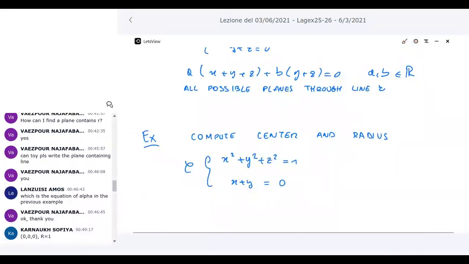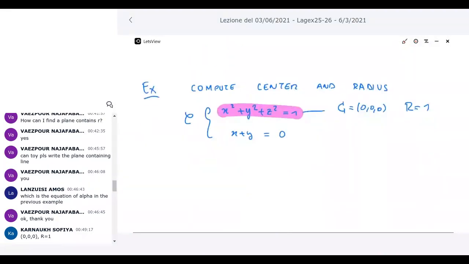Okay, so Sophia suggested that it is the origin and the radius is 1. I think there is no problem to see that the center of the sphere is the origin and the radius of the sphere is 1, because it is in canonical form.